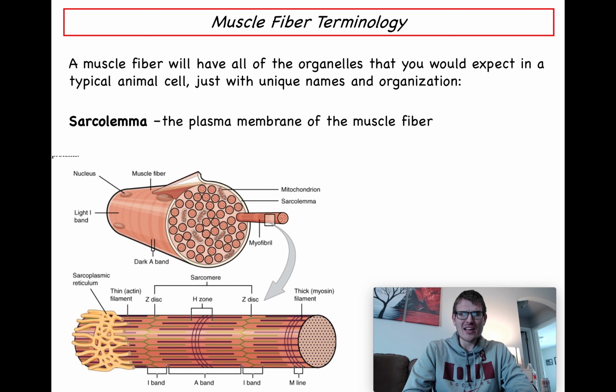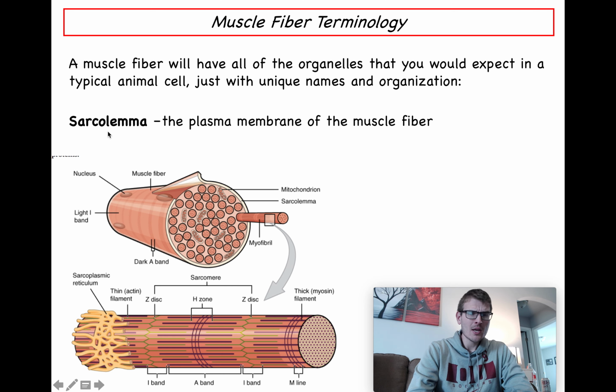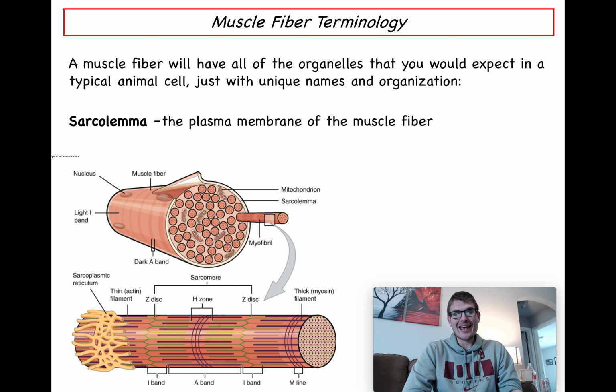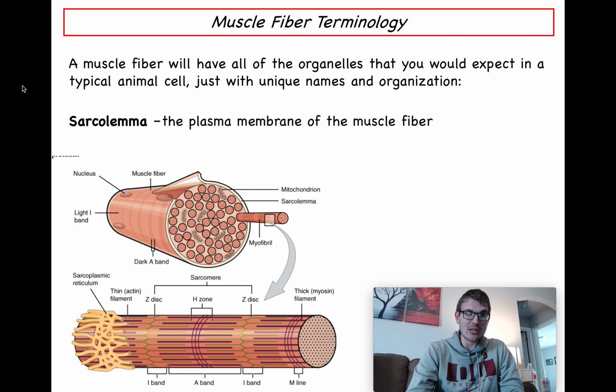It also turns out that we have some unique terminology that we use specifically when we're dealing with muscle fibers. The plasma membrane of a muscle fiber is actually now called the sarcolemma, sarco referring to muscle. This sarco prefix is something that we're going to see quite a lot of. You can keep calling it the plasma membrane, but if you happen to be doing any reading and you see sarcolemma, I don't want you to be confused.